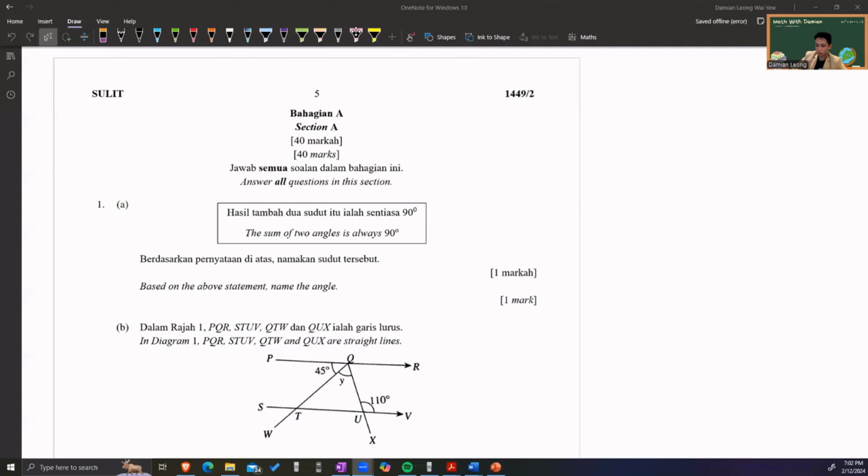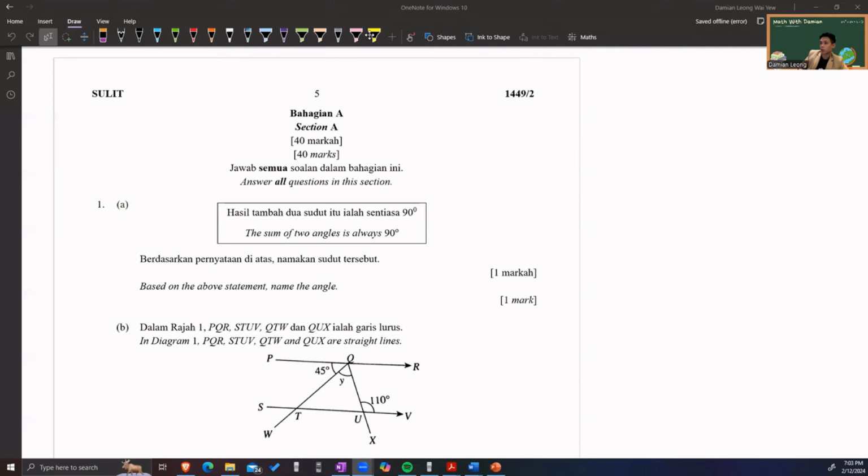Based on the statement, I want to name the angle. The sum of two angles is always 90 degrees. So these are what we call complementary angles.